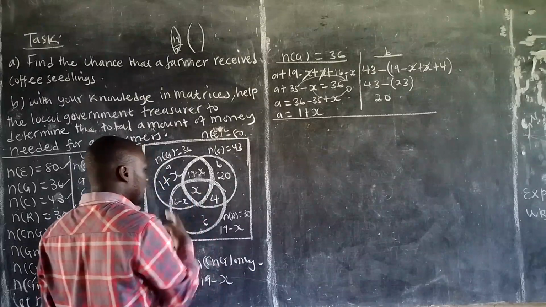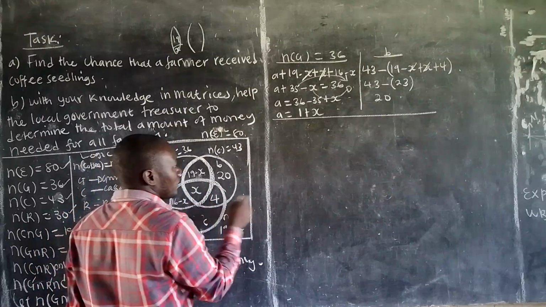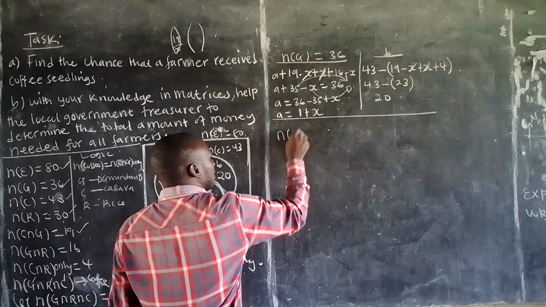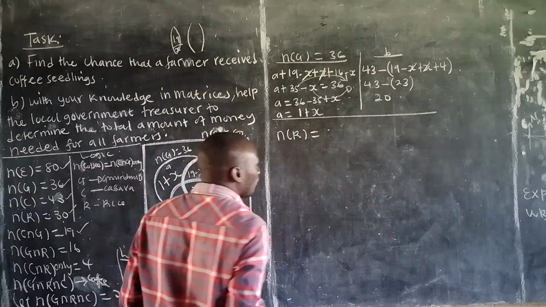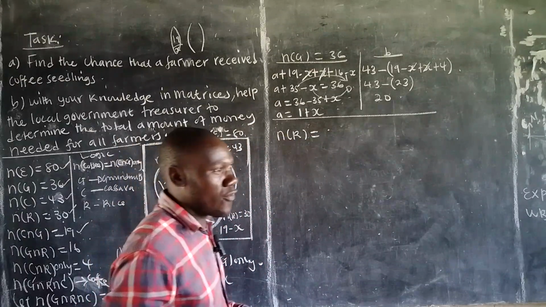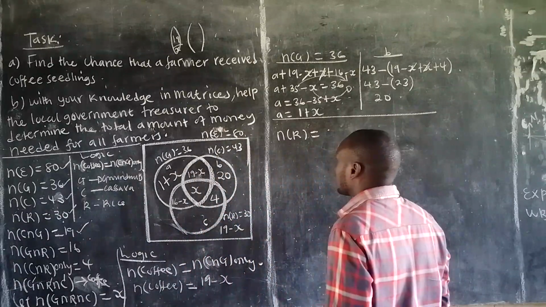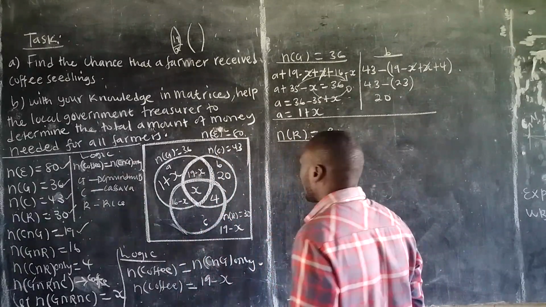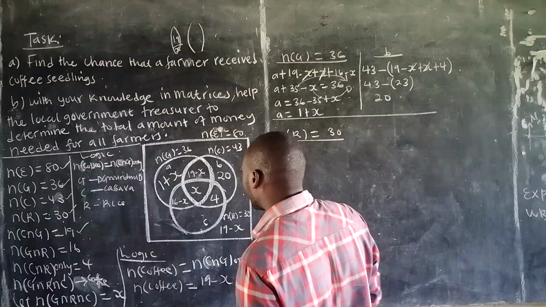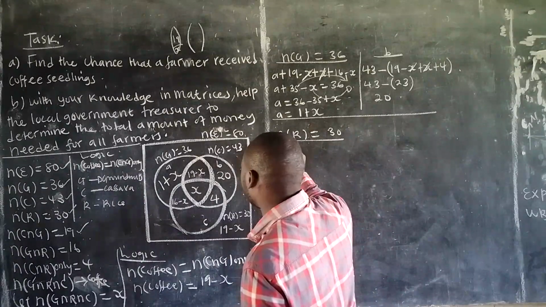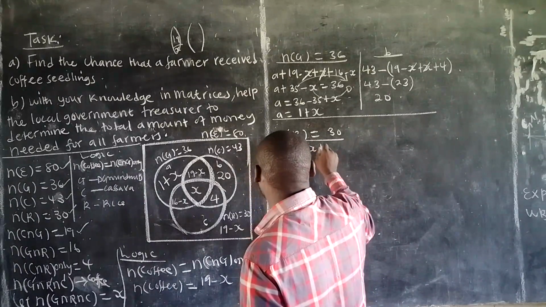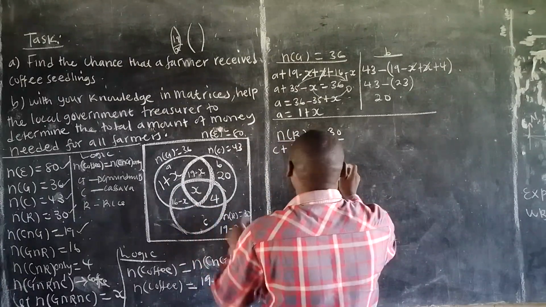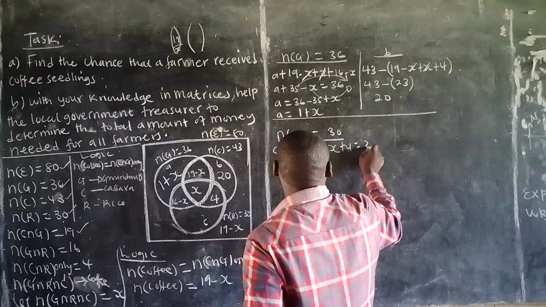So I'm coming in for this region. I'm using the logic that the number in R is equal to 30. Please, I'm only altering the methods, but you can choose to use any of your choice. So the number in R is equal to 30. Now what are we going to have? C plus 16 minus x plus x plus 4 must give us 30.